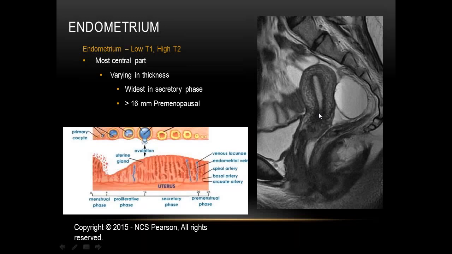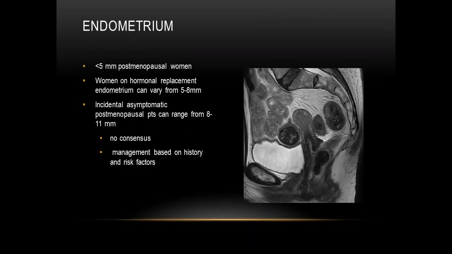It varies in thickness. It's widest during our secretory phase, and in premenopausal patients, it can be greater than 16 millimeters and considered normal. In postmenopausal patients, it is considered normal less than 5 millimeters. In women on hormonal replacement, it can vary between 5 to 8 millimeters.